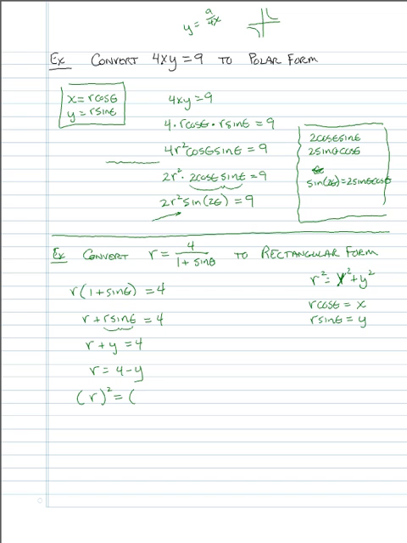Well, that means I'd have to square the right side as well. That will create my r squared, and on the right side, I'll end up with 16 minus 8y plus y squared. And since I have r squared, I can replace that with x squared plus y squared is equal to 16 minus 8y plus y squared.